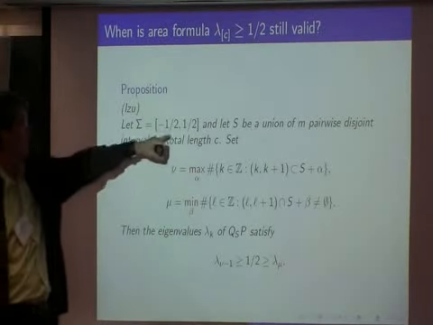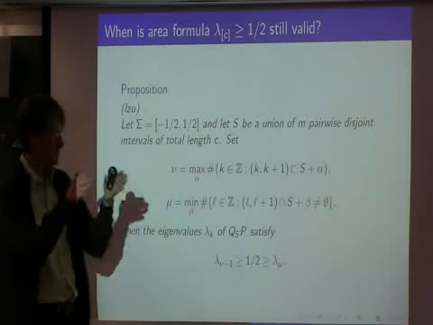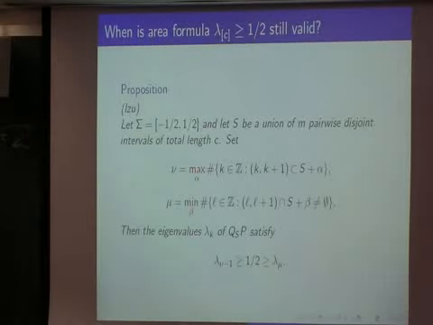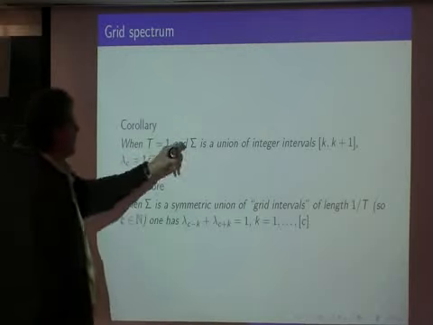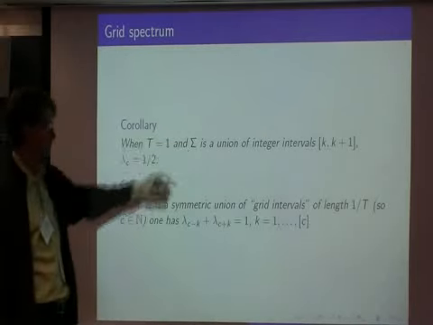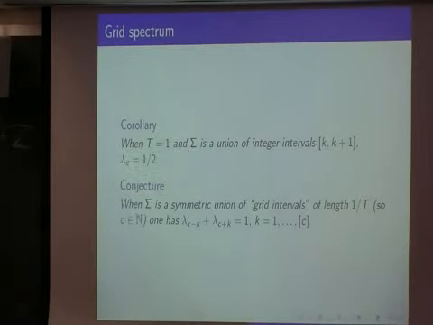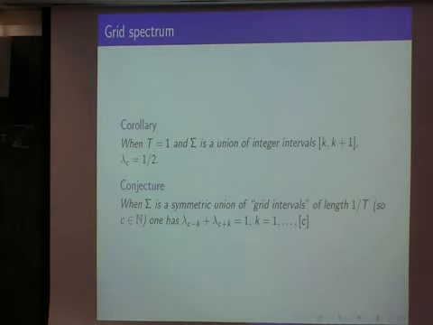But if the time support in this case is a shift of a subset that sits on the lattice, then I'm going to get exactly what I want. So if the time interval has length 1 and sigma is a finite union of intervals of the form k to k plus 1, then lambda of the area is exactly equal to a half.